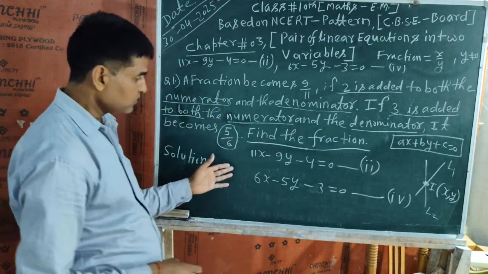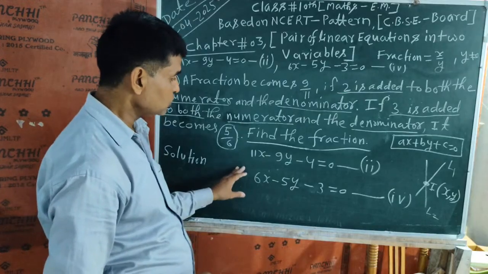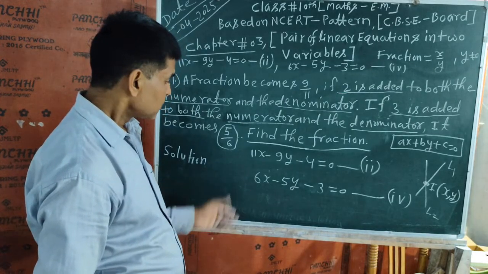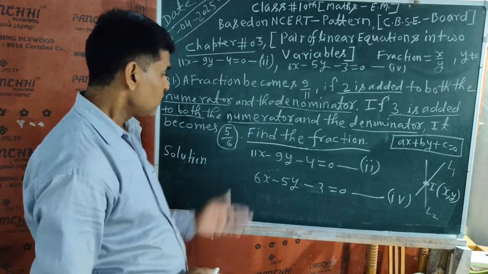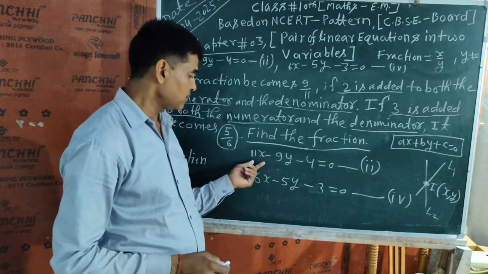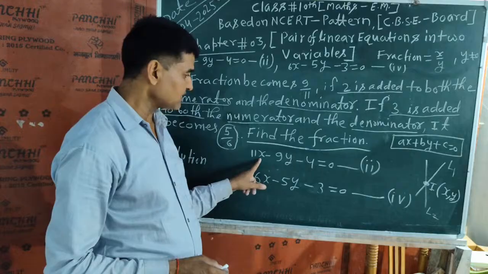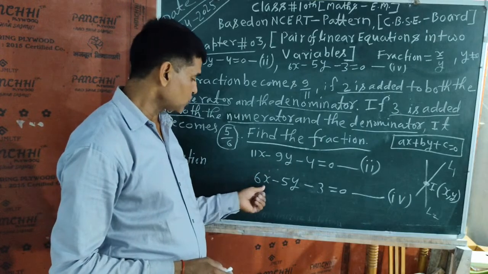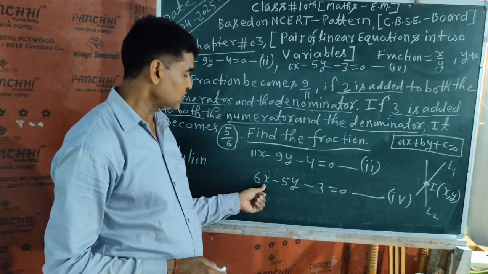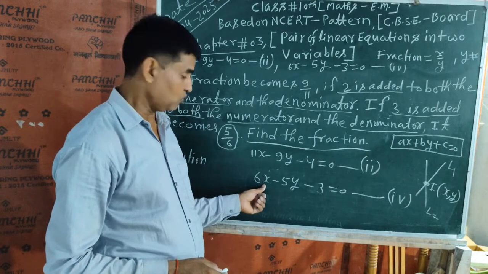So now here I am going to use the elimination method. In the elimination method, we have to make the coefficient of x in the first equation and the coefficient of x in the second equation equal.